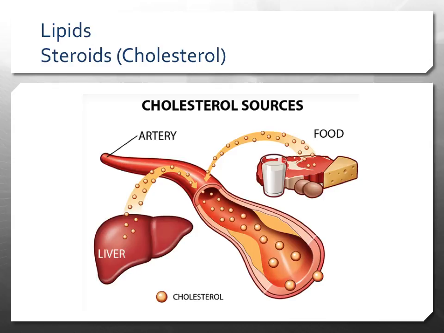So it becomes like a traffic jam. When that traffic jam closes and there's no movement of blood, that's what we call a heart attack or a stroke. So limiting cholesterols is the best way to go.